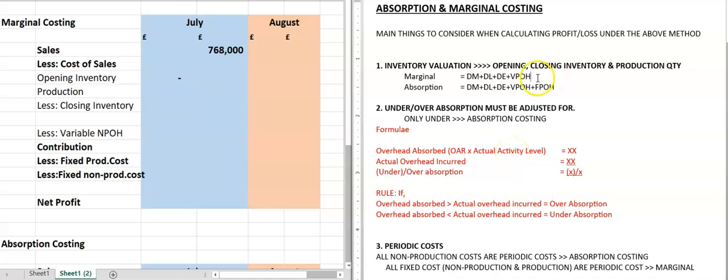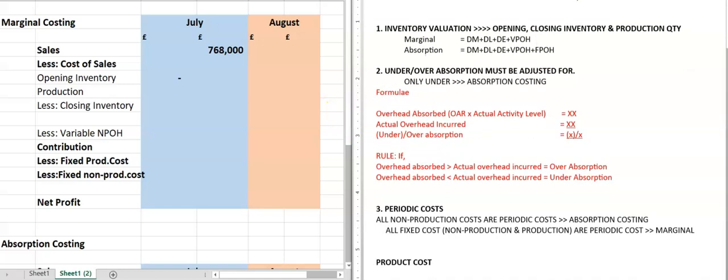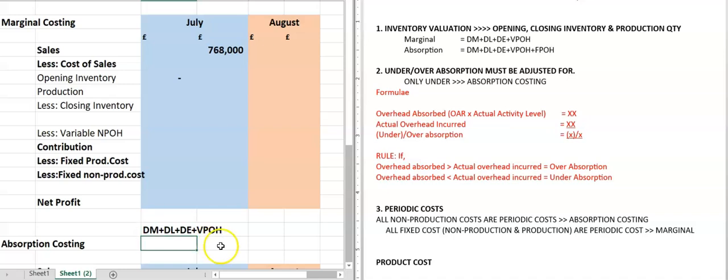Let us add here and see for this question. Direct material plus direct labor plus direct expense plus variable production overhead.